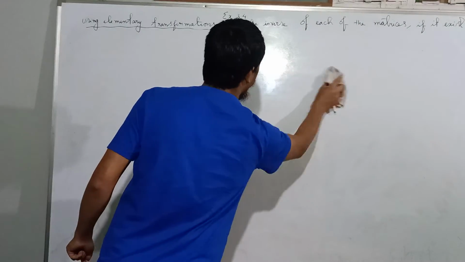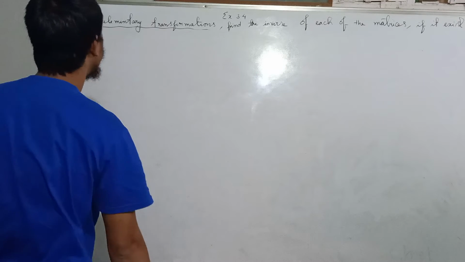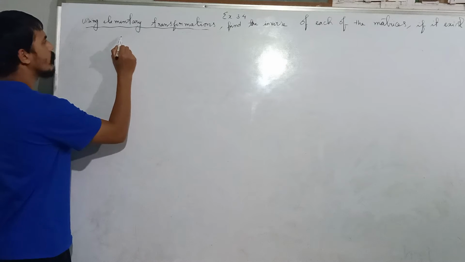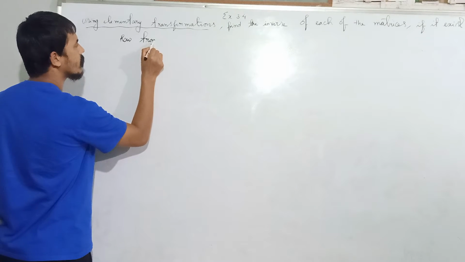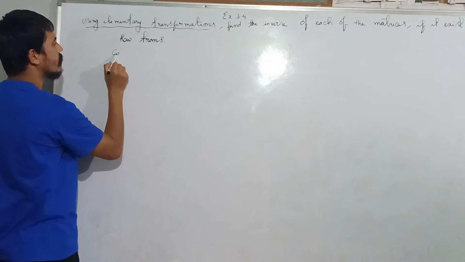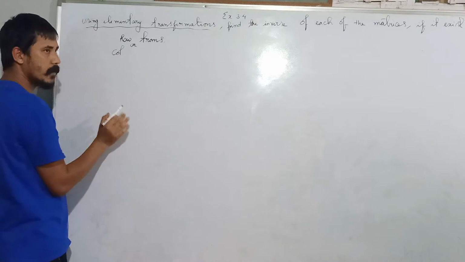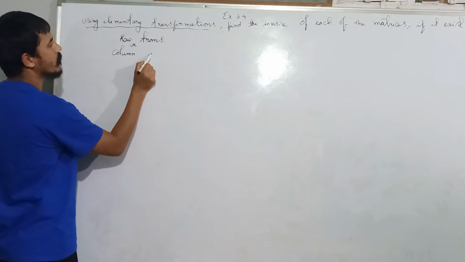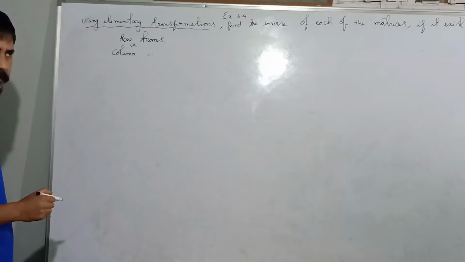Now we are asked to use this elementary transformation. Elementary transformation means you can do row transformation or, not together at the same time, column transformation. Elementary transformation means row transformation or column transformation. So there are a few rules that we need to know.